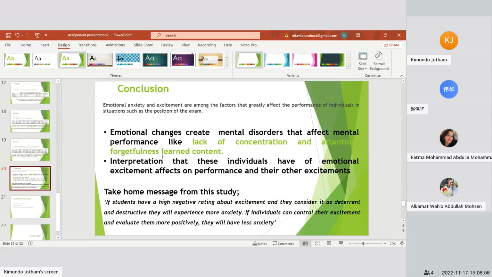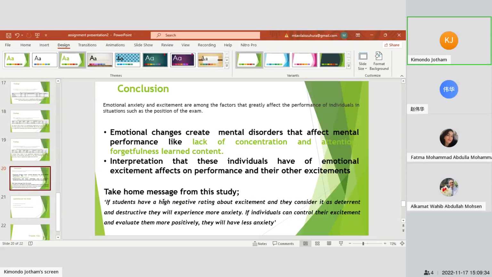So to conclude, emotion, anxiety, and excitement are among the factors that greatly affect the performance of individuals in situations such as an exam. Emotion changes create mental disorders that affect performance, like lack of concentration and attention, and forgetfulness.